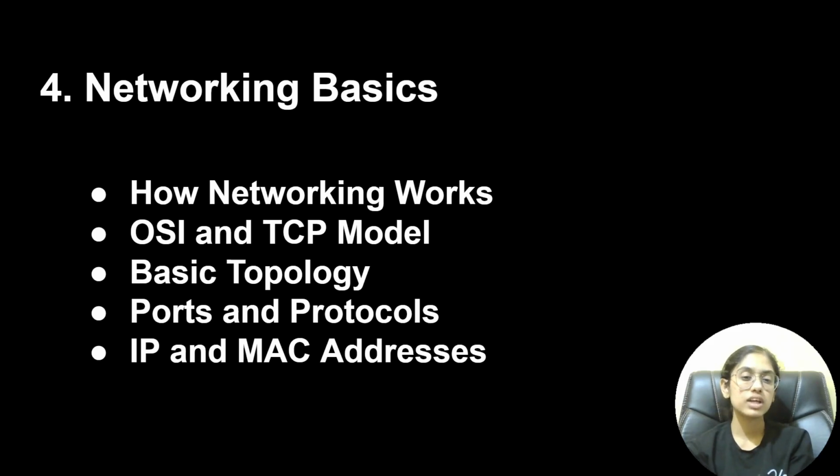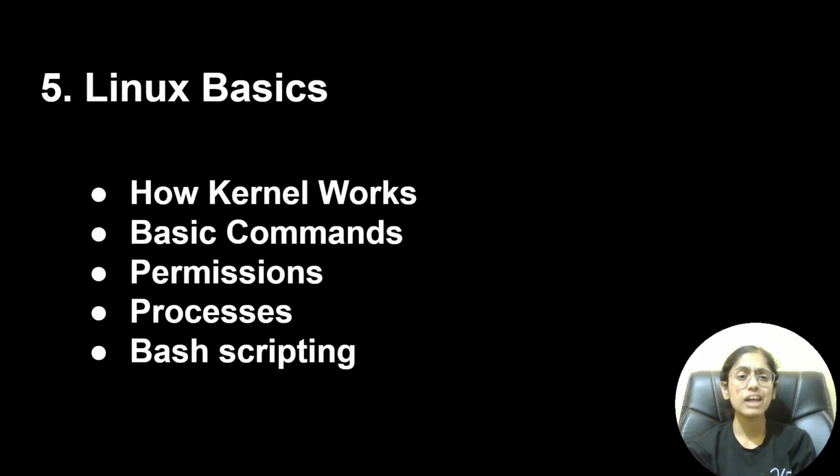Like how networking works, the OSI and TCP models, basic topology, ports and protocols, IP and MAC addresses. Next is Linux basics. You have to know some basic commands and how the kernel works, permissions, processes, and a few bash scripting knowledge.